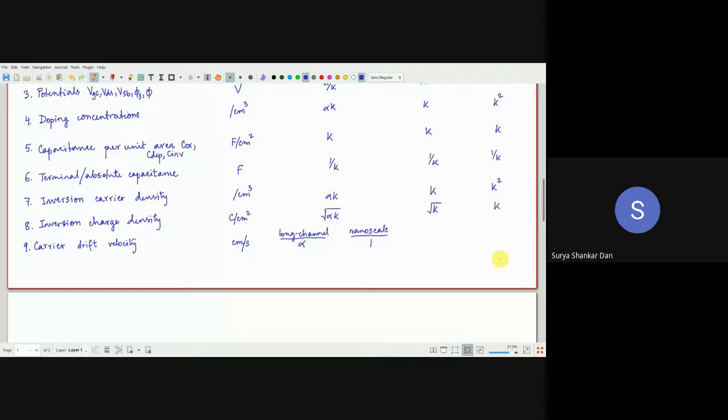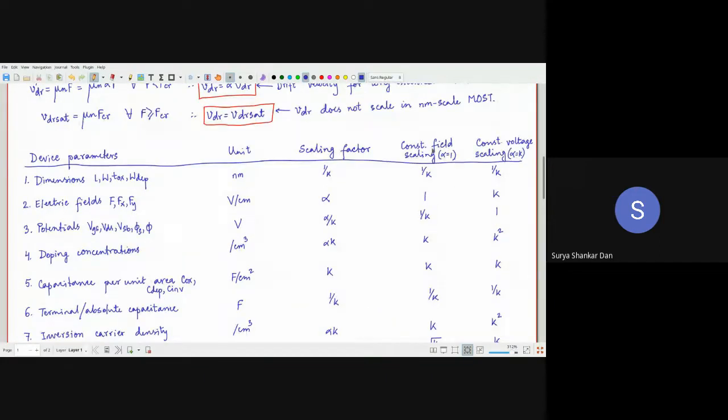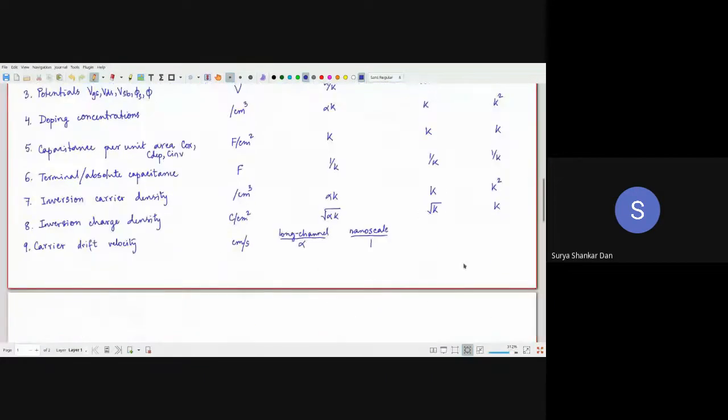Okay. So when you are having constant field scaling, what you understand here is that in either case, look, this is again an advantage. For the long channel device, or even in the nanoscale short channel device, you are always going to have alpha is equal to 1. So this is 1.